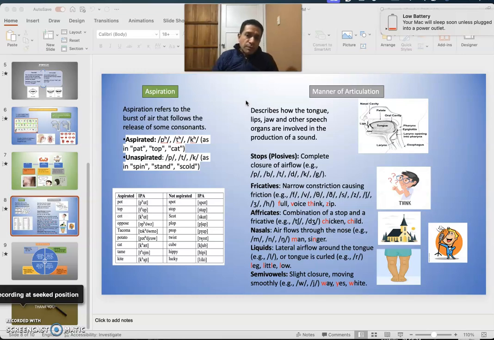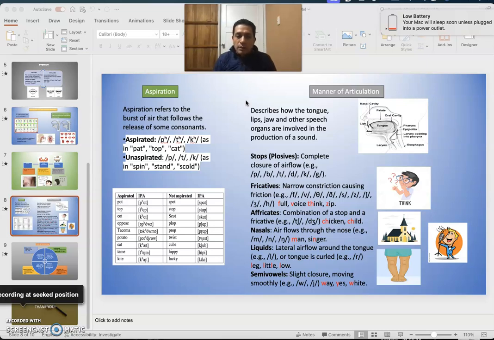For example, the stops: complete closure of airflow. Fricatives: narrow constriction causing friction, for example fall, voice, think, zip. Affricates are a combination of a stop and a fricative, for example chicken, child.